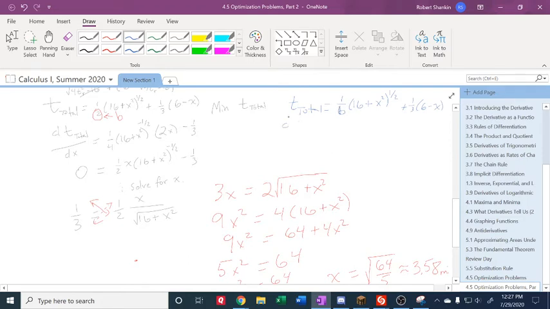Now, dt total dx is 1 over 2b. And then when we set this to 0, bring the 1/3 over.